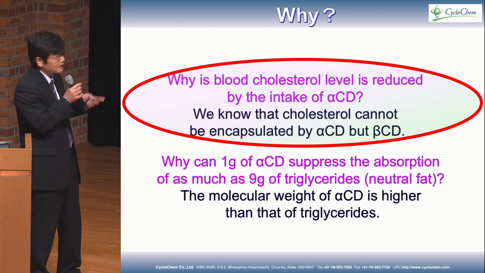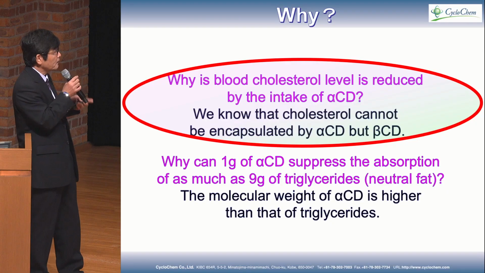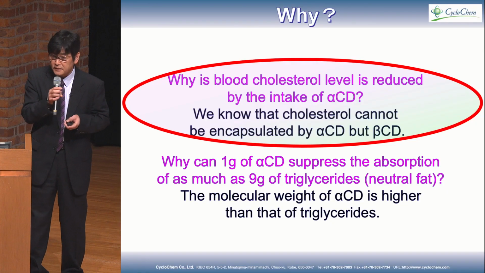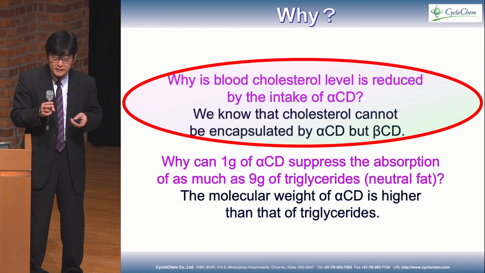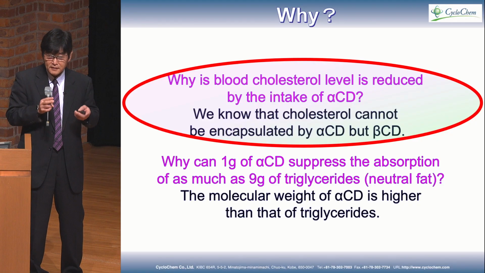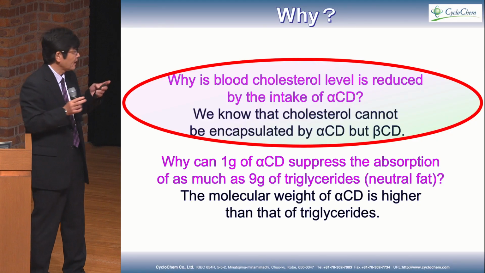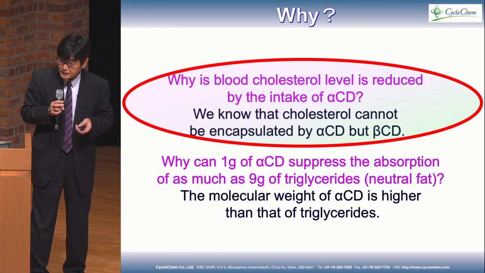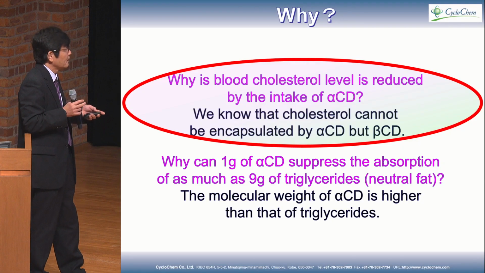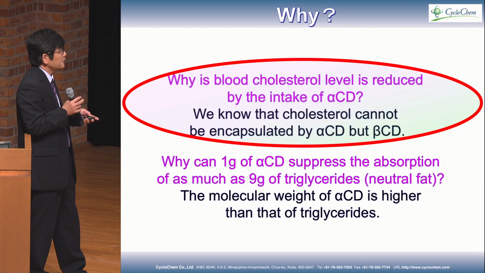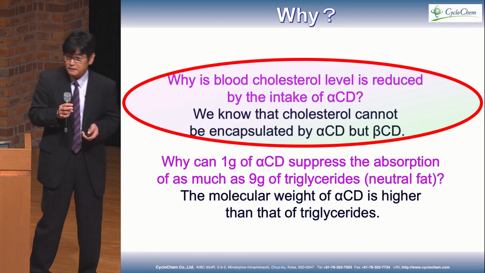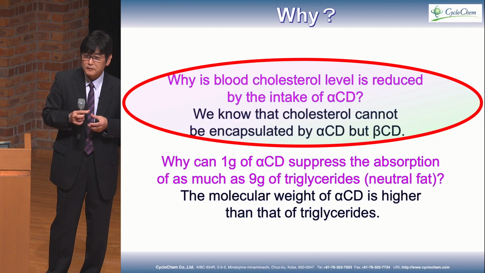The first human study is about why blood cholesterol level is reduced by intake of alpha-cyclodextrin. Everyone knows that cholesterol fits well in the beta-cyclodextrin cavity. But in this case, cholesterol cannot be encapsulated by alpha-cyclodextrin because the cavity is small.